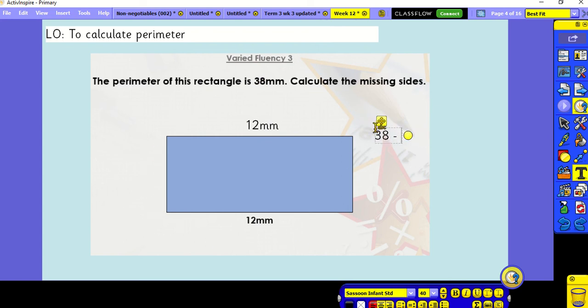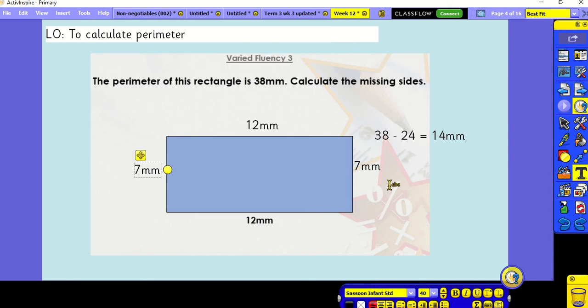Then I'm going to take away these 2 sides, added together make 24. So 38 take away 24 equals 14 millimetres. So I know that these 2 sides add together to make 14 millimetres. Now, to find out what each one of these sides is, I then need to halve my 14 millimetres and I get 7 millimetres and 7 millimetres.